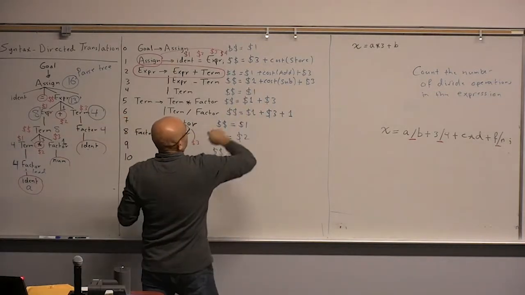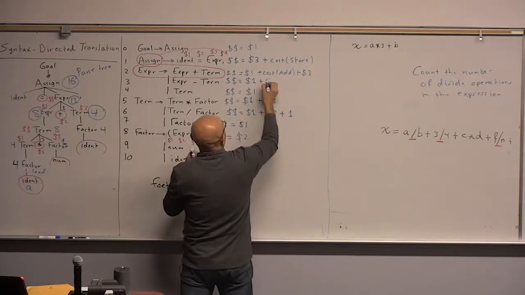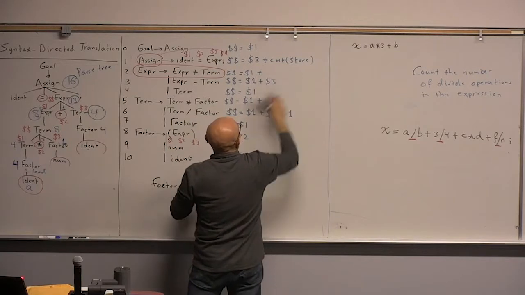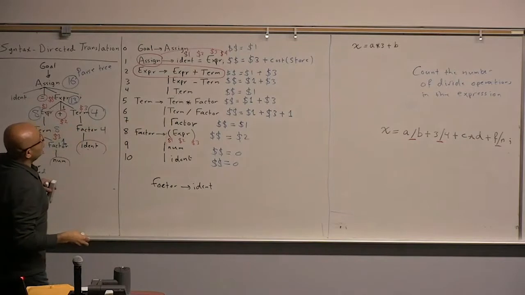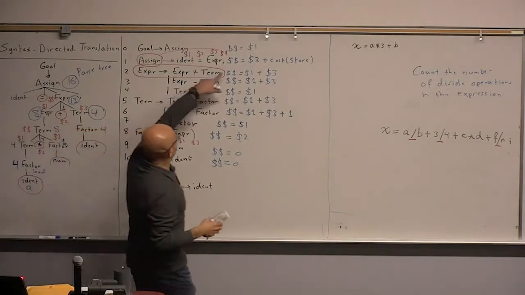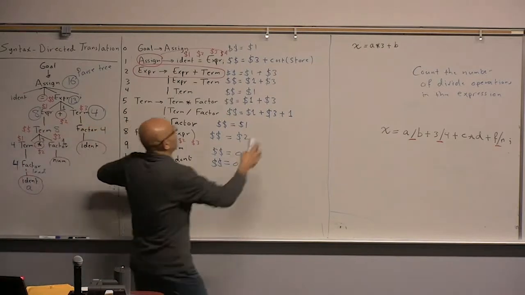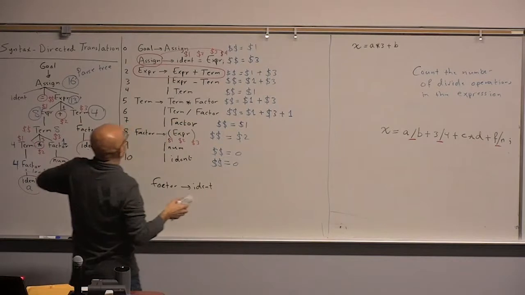So this is plus $sign 3. And this is $sign 1 plus $sign 3. And this is $sign equals $sign 3.